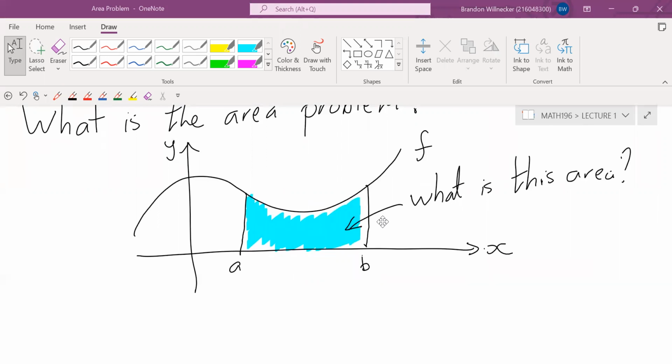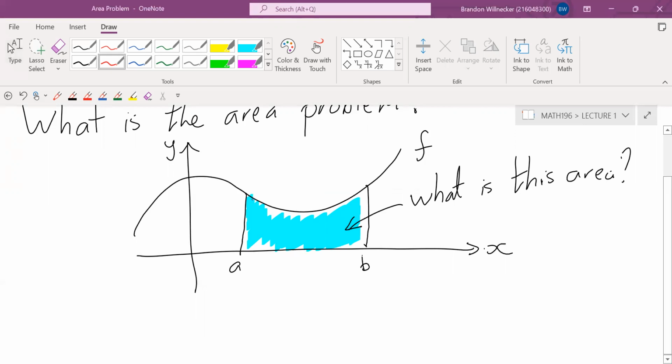Then we'll see that if we make these rectangles very, very thin, or another way of thinking of that is putting lots and lots of rectangles between A and B, we get a better and better approximation. So the idea is, if we take the limit of infinitely many rectangles, then we're going to get the exact area.